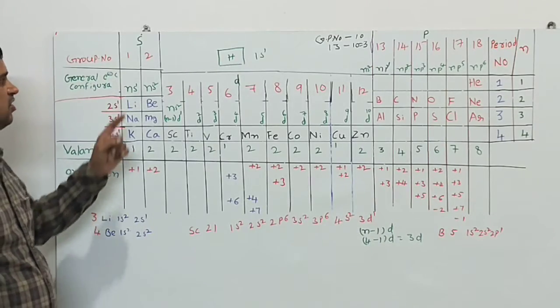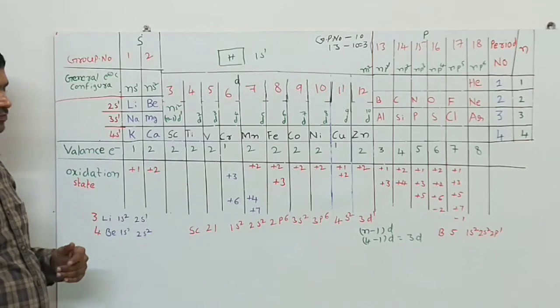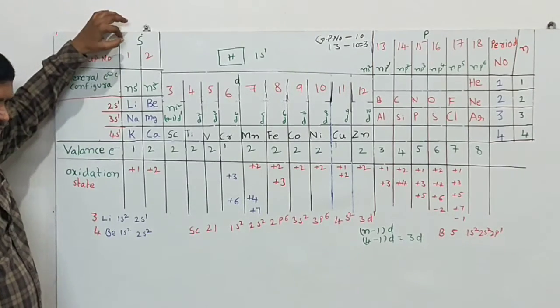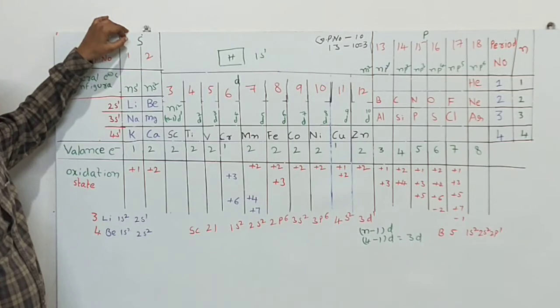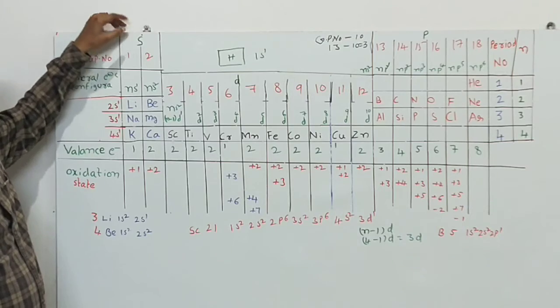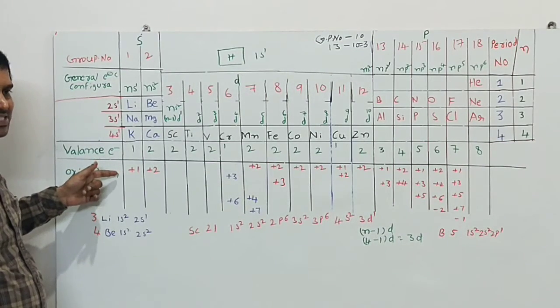This consists of group numbers 1 and 2. In the case of S block, the group number gives important information regarding valency electrons and oxidation state.